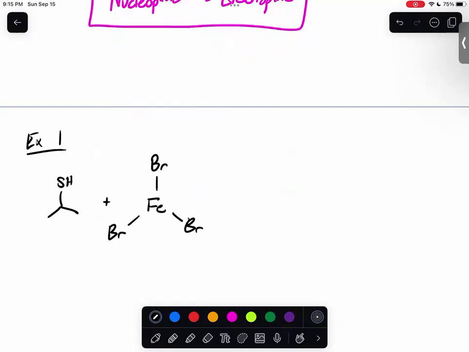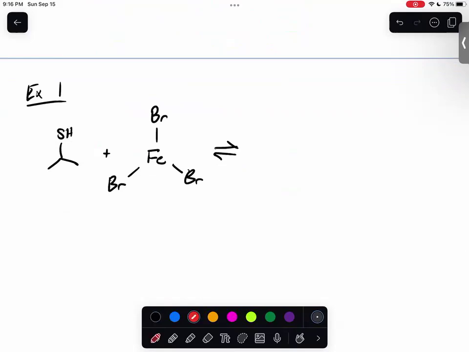And as we talked about previously with iron, it is a Lewis acid, which means, based on our new definition, it is an electrophile. All right. And one of the things that we do know about electrophiles is we stated right up there that they were positively charged, right? And this iron is positively charged.